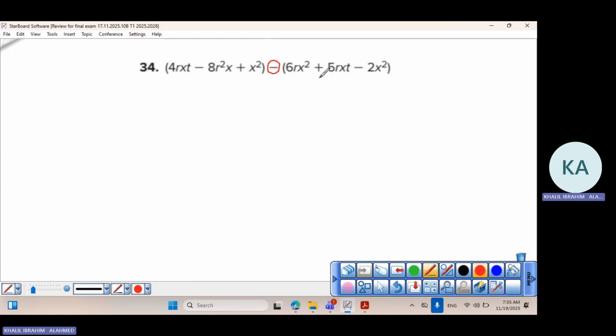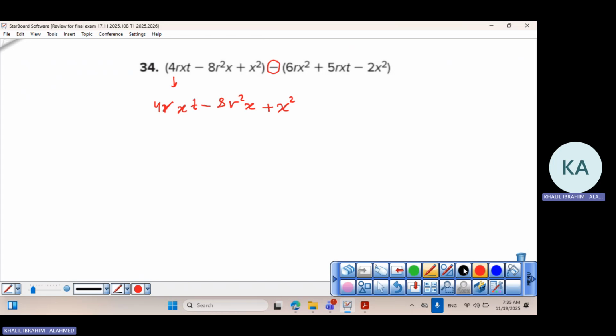All these signs change, because we have subtract here. This goes down the same for rxt minus 8r squared x plus x squared.